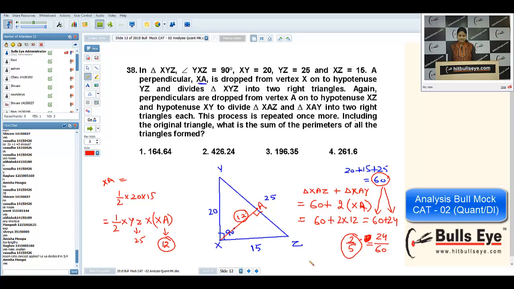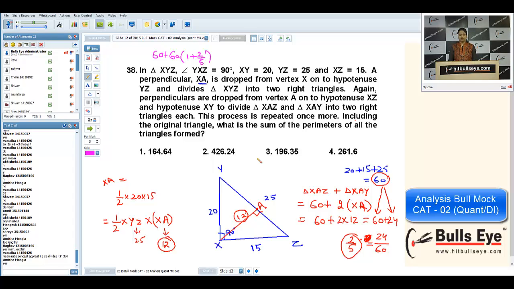It means I am taking the original plus 2 by 5 of the original, that is 7 by 5. What was the original thing? 60. What will be the new thing? 60 times 1 plus 2 by 5. You draw any number of triangles, and the resultant triangles will be similar to the original triangle.